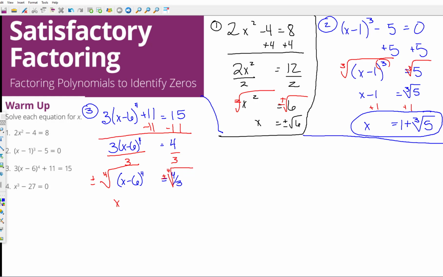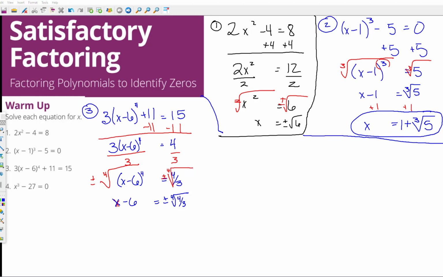So x minus 6 is equal to plus or minus the 4th root of 4/3. If you actually need to find that number in the calculator, there is a 4th root, and you just have to take the control and the caret that we use to get to the exponent, and it'll give you a fraction you can work with.